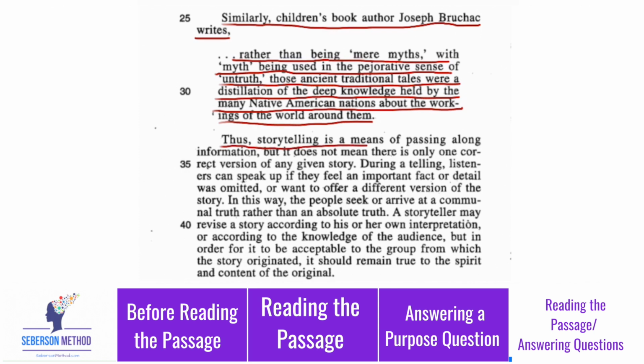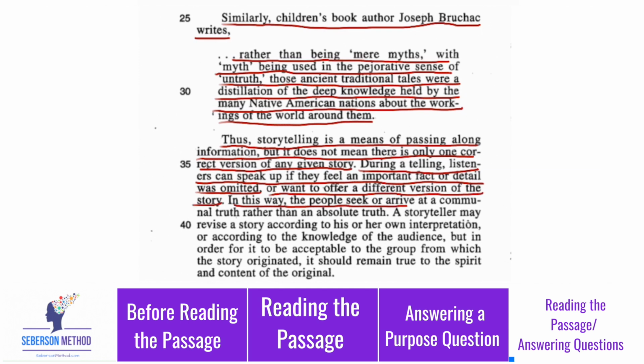Thus, storytelling is a means of passing along information, but it does not mean there's only one correct version of any given story. During a telling, listeners can speak up if they feel an important fact or detail was omitted, or want to offer a different version of the story. In this way, the people seek or arrive at a communal truth rather than an absolute truth.